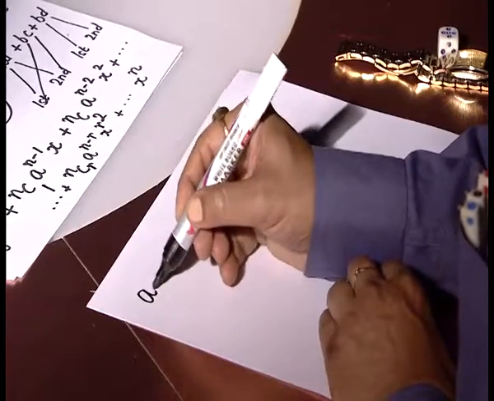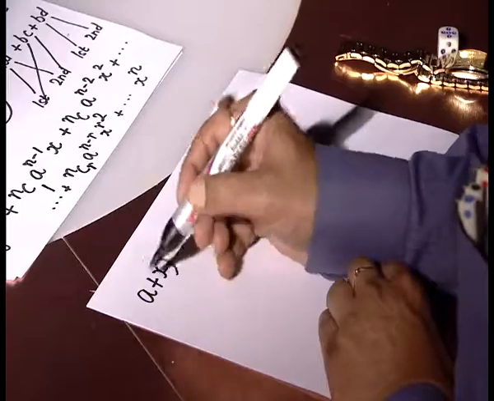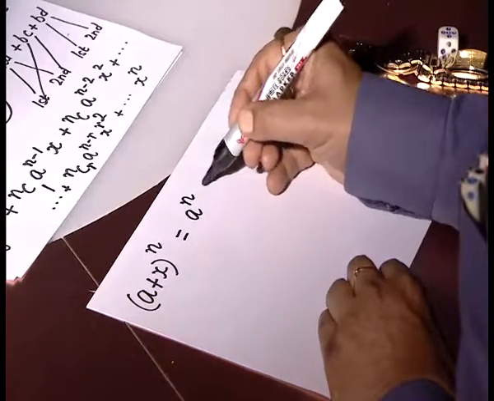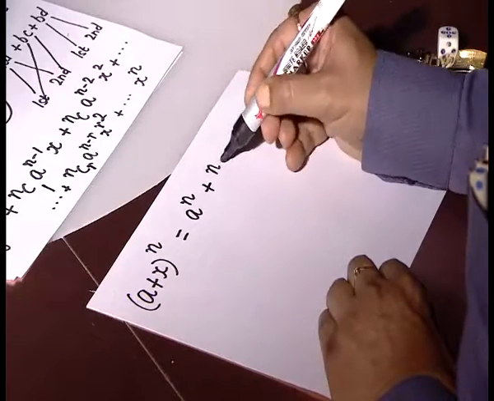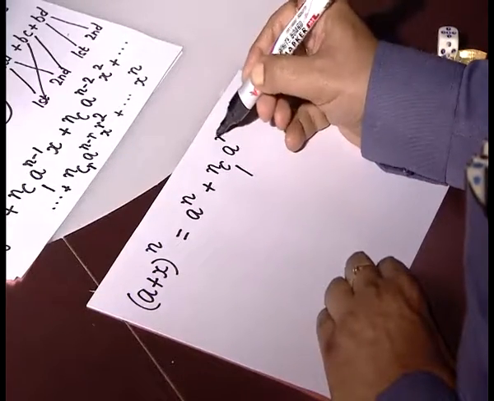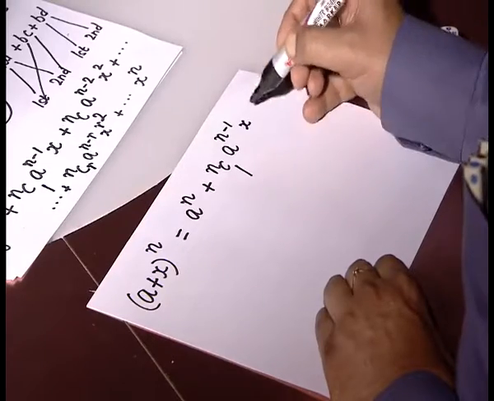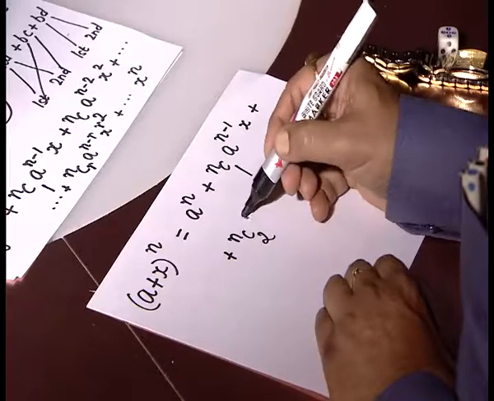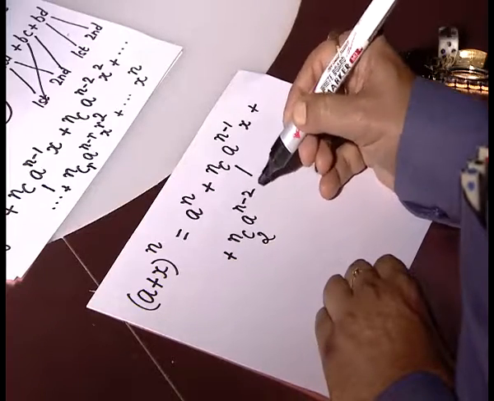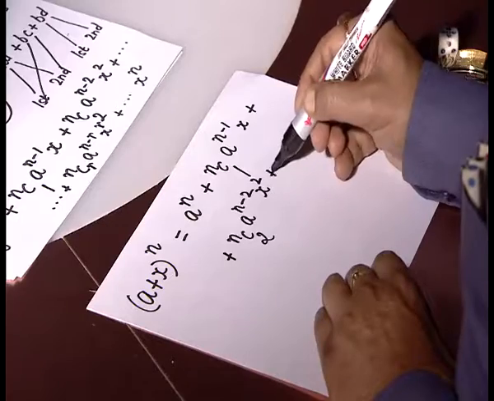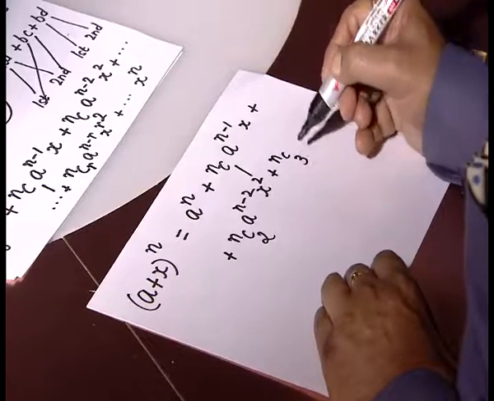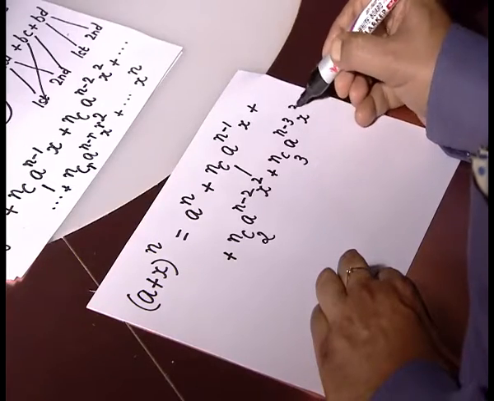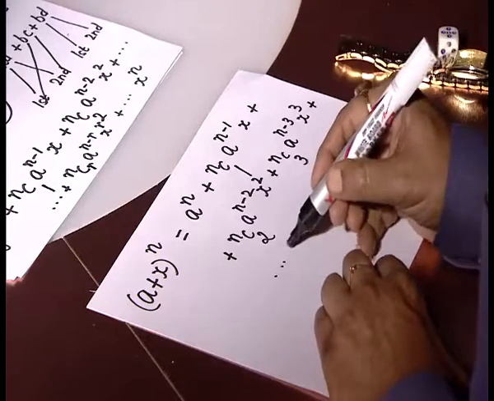Finally, let us write this expansion. (a plus x) whole to the power of n is equal to a to the power of n plus nC1 a to the power of n minus 1 x plus nC2 a to the power of n minus 2 x square plus nC3 a to the power of n minus 3 x cube plus so on.